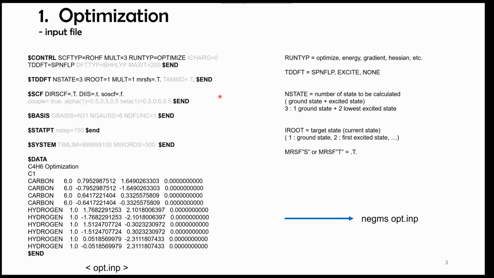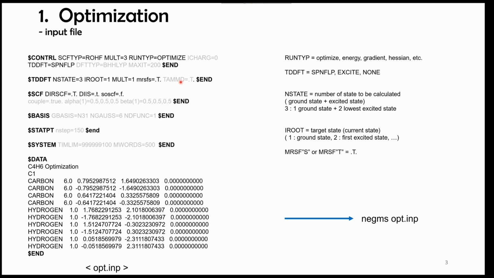And one more question. TAMD equal true, what does it mean? It's the Tamm-Dancoff approximation. That's a very good observation. Tamm-Dancoff is a person's name, so it's the Tamm-Dancoff approximation, or in some other literature, TDA.